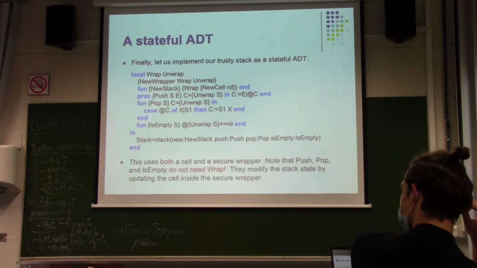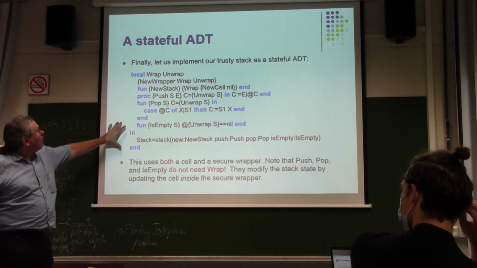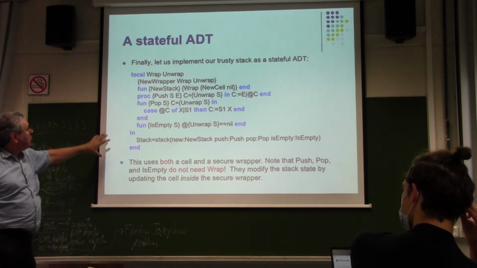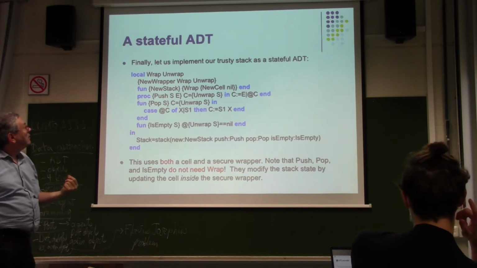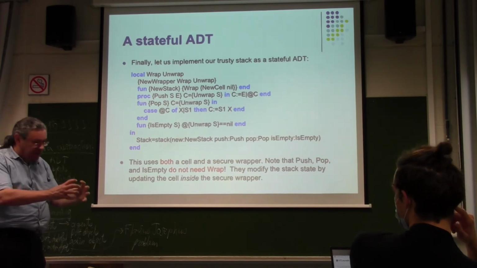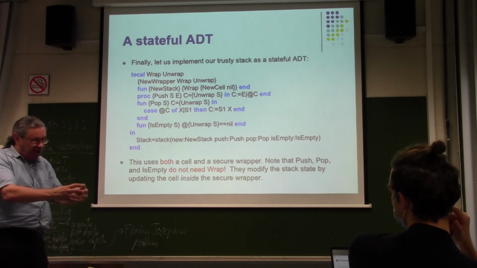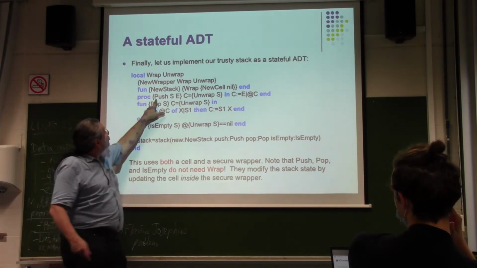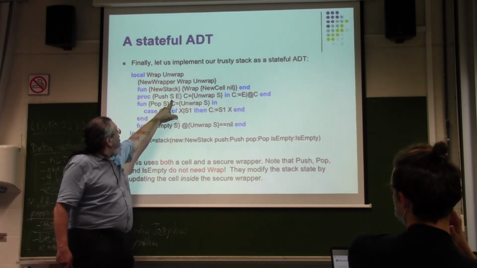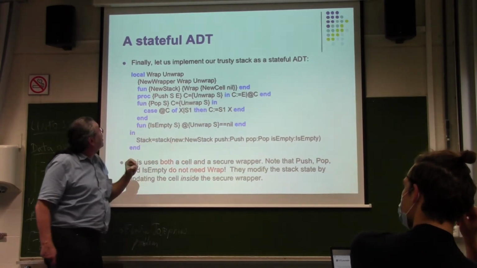The other one, the fourth one, is a stateful abstract data type. This is another weird one because it's an abstract data type, but it's not a constant. That means it's a box with a value, and if I do push, I change the value inside, but the push and the value are still separate. So I do push of a stack, I unwrap it, and I change it internally, because internally there's a cell.